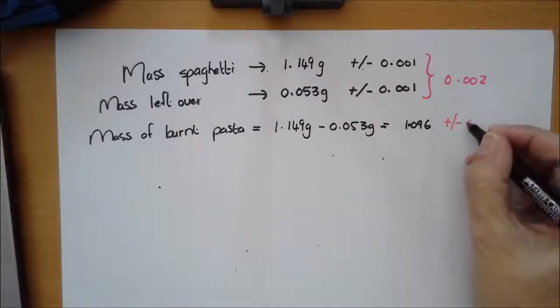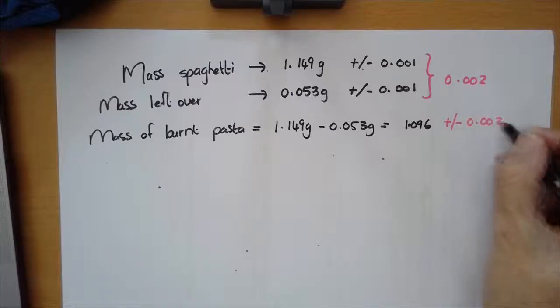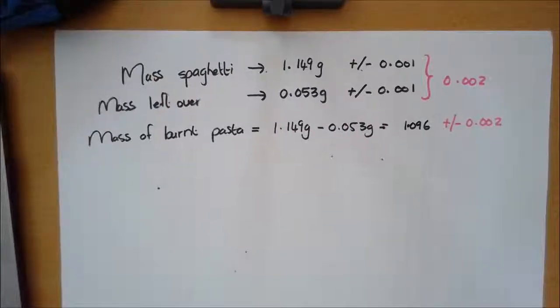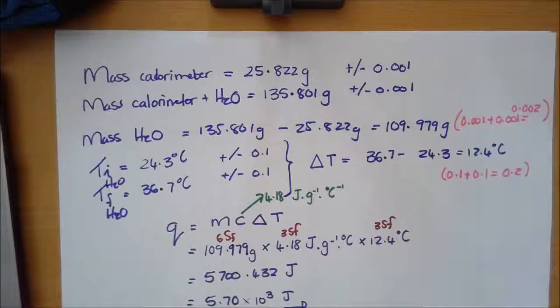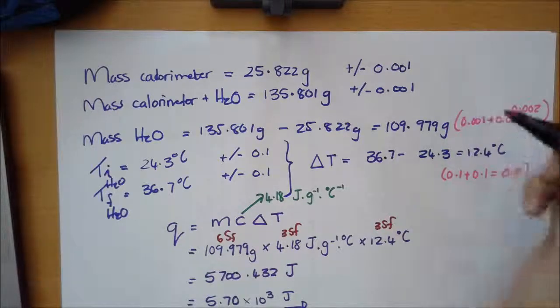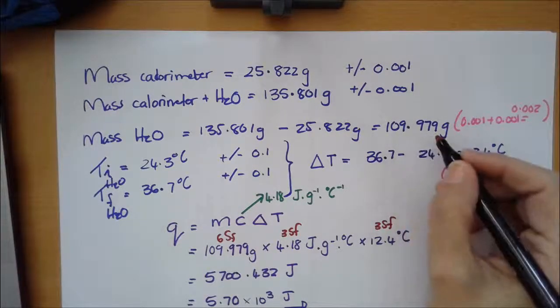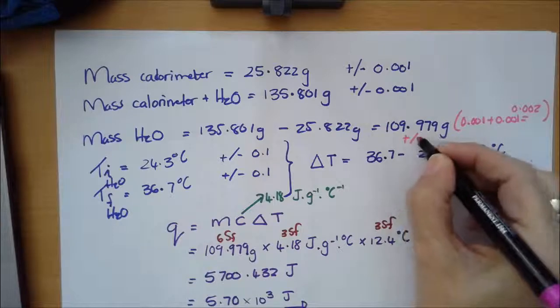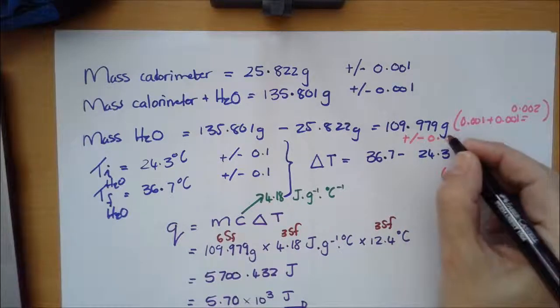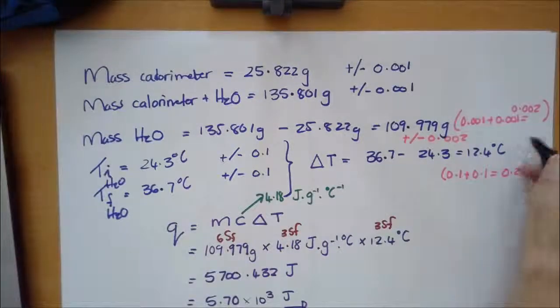So it's plus or minus 0.002. At my final mass, I will indicate my final uncertainty. Just like in the previous one, when we look at the final mass of our water, it's 109.979 plus or minus 0.002. And I do the same for my temperature, plus or minus 0.2.